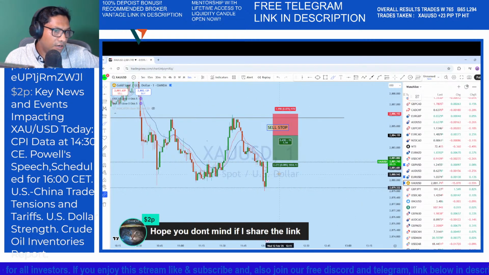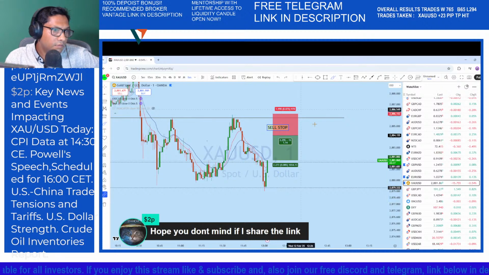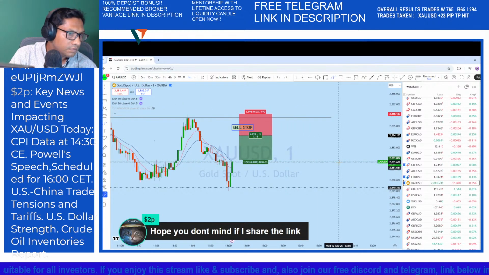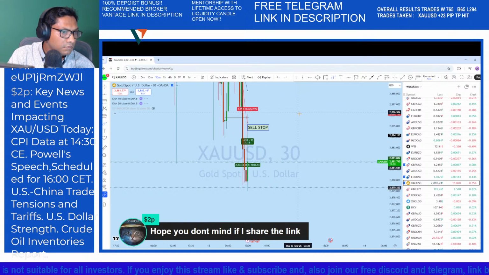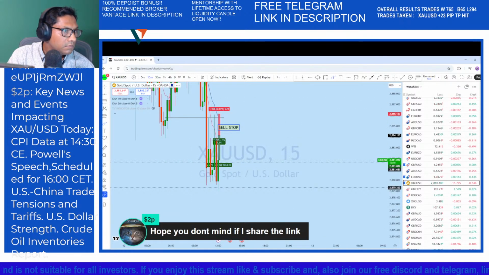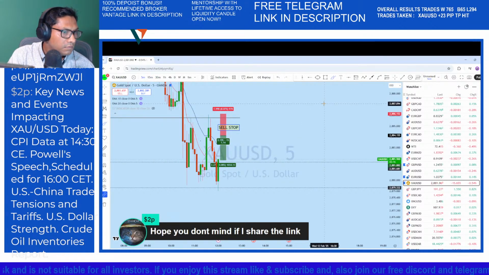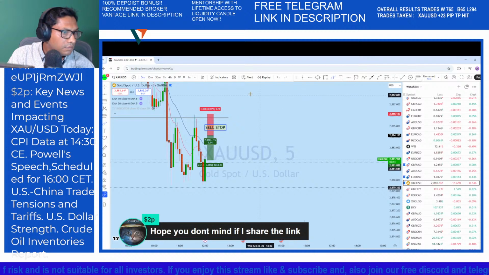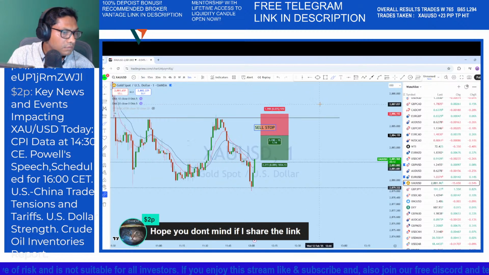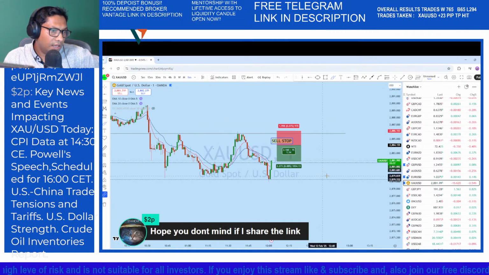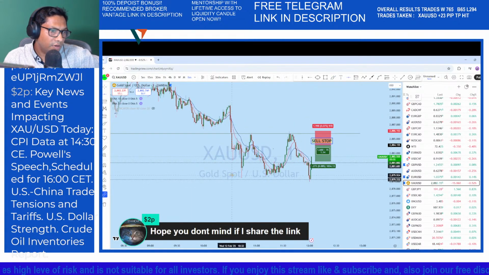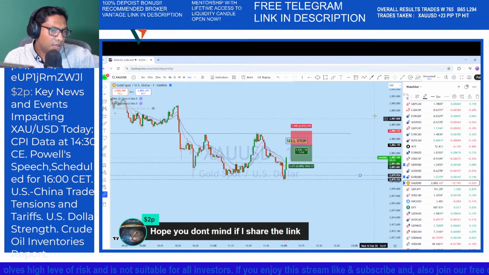With that here, this is a support. And we can see that this is the level. This is a very important support level here in that area.